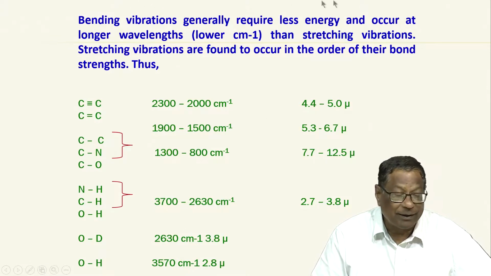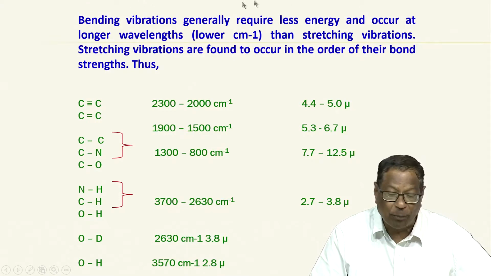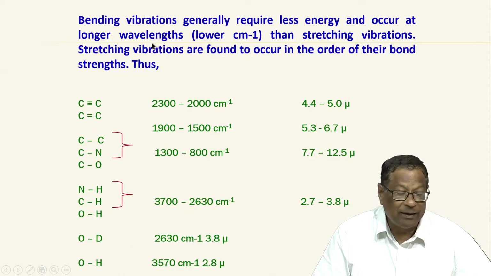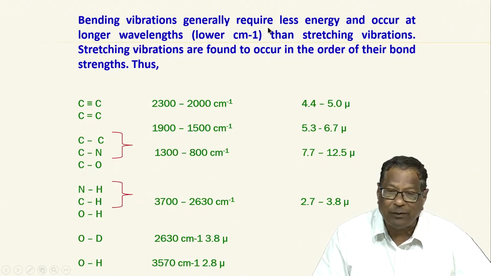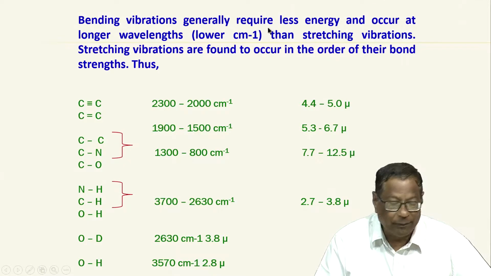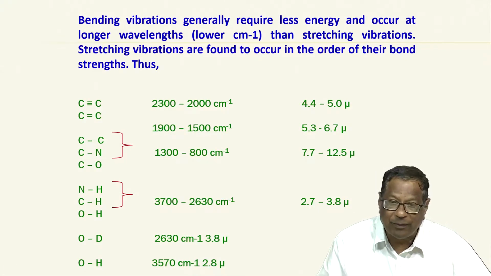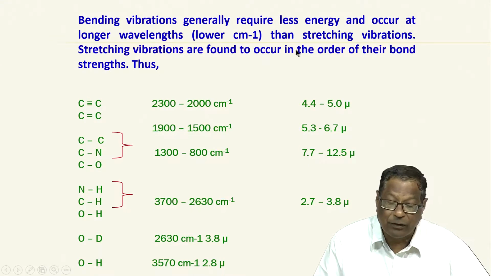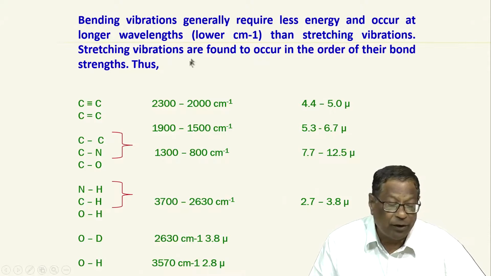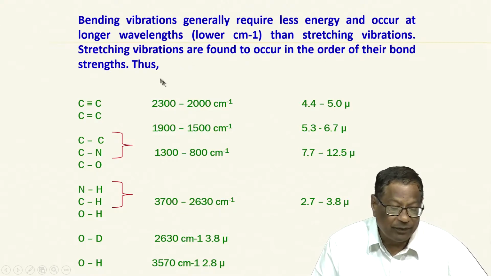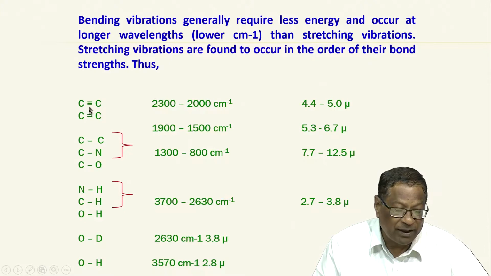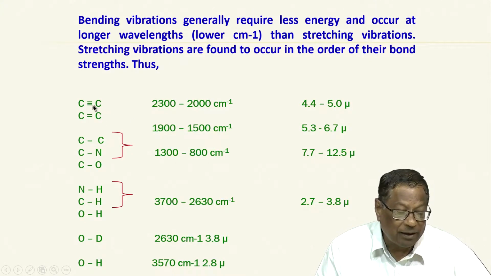Coming back to the top portion of this slide, bending vibrations generally require less energy, so they occur at longer wavelengths than the stretching vibrations, and stretching vibrations are also found to occur in the order of their bond strength. I have here carbon-carbon double bond, carbon-carbon triple bond and carbon-carbon single bond.